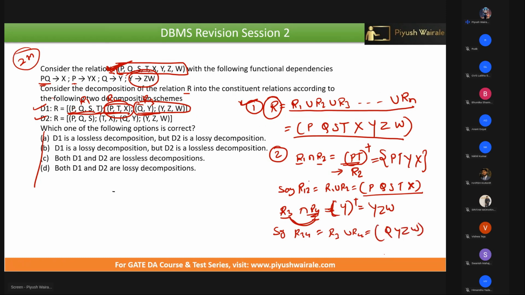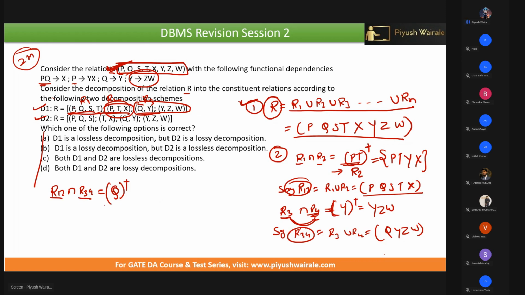Now I am left with R12 and R34, right? So I must be able to join these two relations. Now R12 intersection R34 is equal to what? PQSTX and QYZW. So I guess Q is the only common attribute here, right? Yes, Q is the only common attribute here. Now from Q I should get R12 or R34.